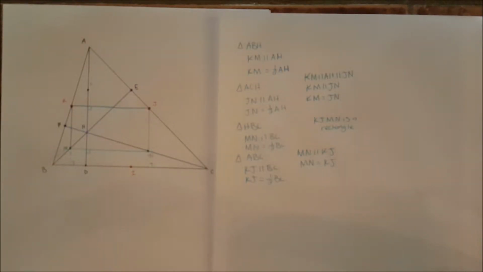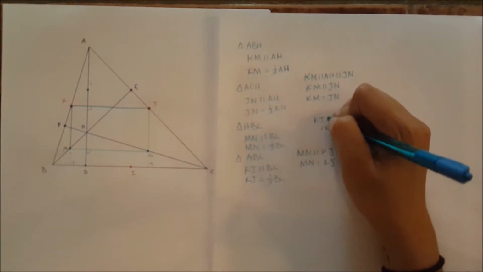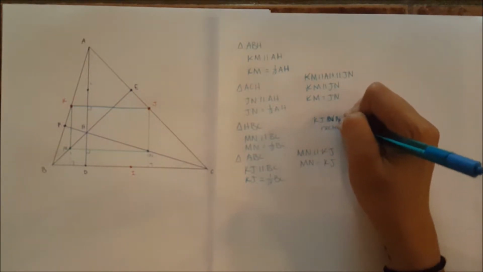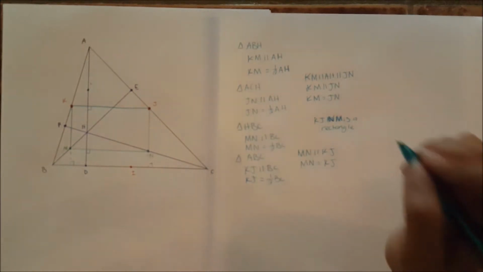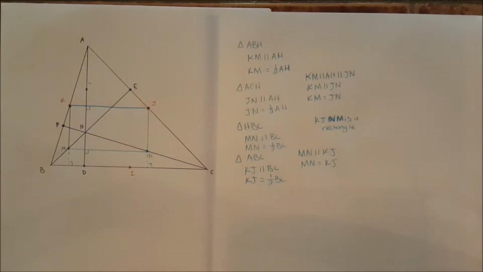Knowing that rectangles are cyclic, we can see that KJNM is concyclic, meaning that the center of the circle is the midpoint of the diagonal. So let's draw the diagonal.